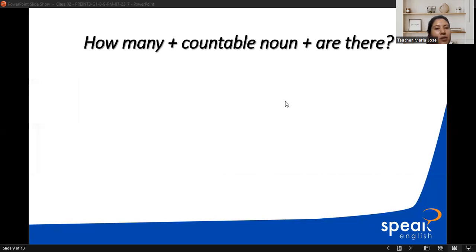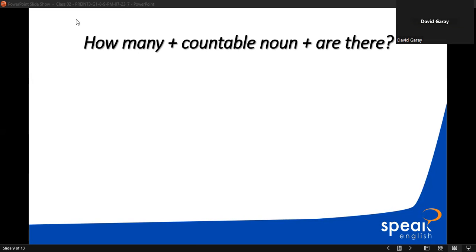Okay, so can you help me read the structure that we follow for the countable nouns, please, David? Just read it. How many plus countable noun plus are there plus question mark? Excellent, very good.